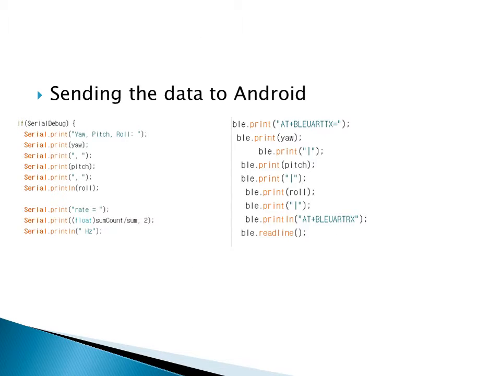As we are done with the calculation, now we should send the data through the Bluetooth connection into the Android. As you can see, in the serial monitor we can see the yaw, pitch, roll data as we printed in the serial monitor, and on the other side I have declared the BLE, which is the Android Adafruit board, is going to print the yaw, pitch, roll data to the Android as it says ble.print.